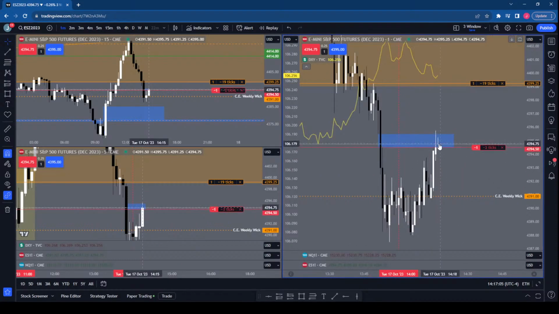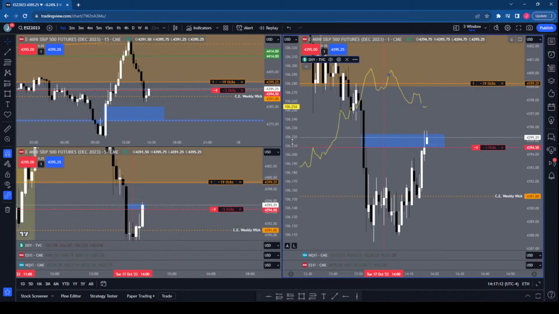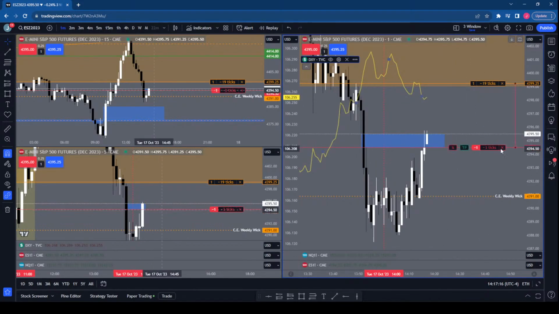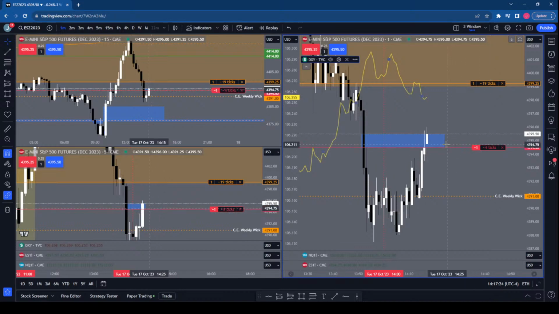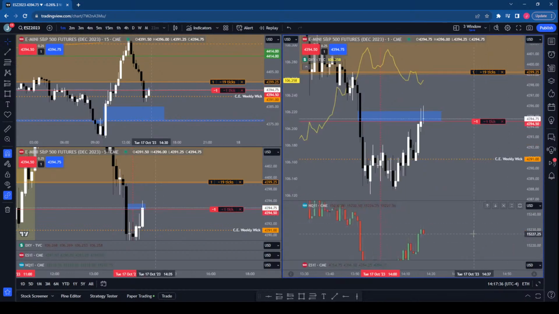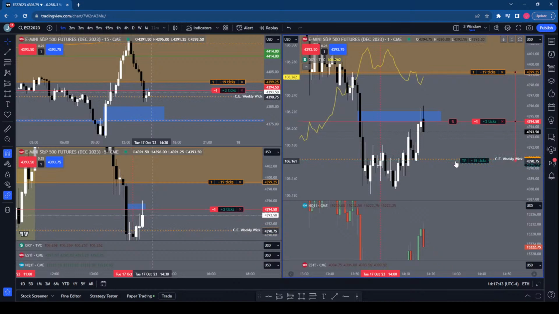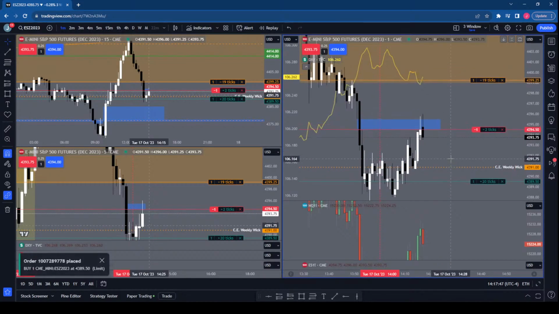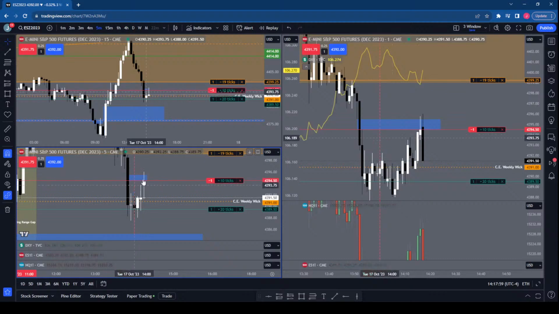Interesting. The body closed below the fair value gap, but then it opened with a gap up. Okay, I like how it's behaving on the 5-minute.